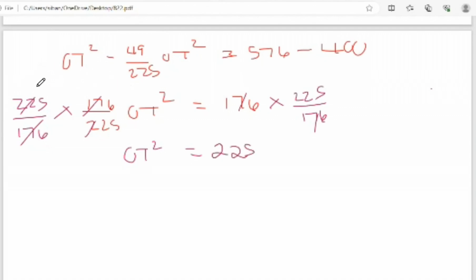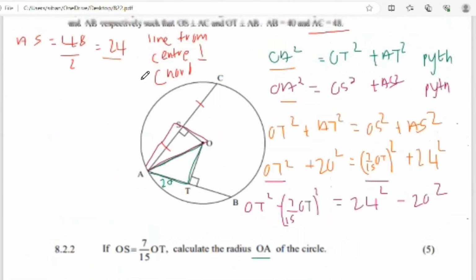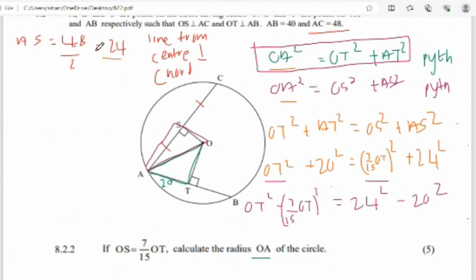Remember, I want OT, not OT squared. So OT will be the square root of 225, and that will give me 15. Remember, this question asks us to calculate the radius of the circle, okay? So we are going to use this to calculate our OA.